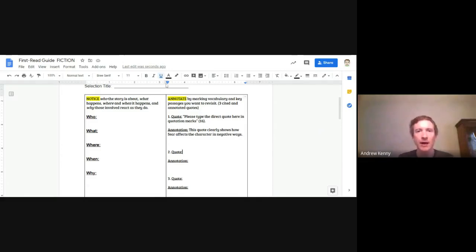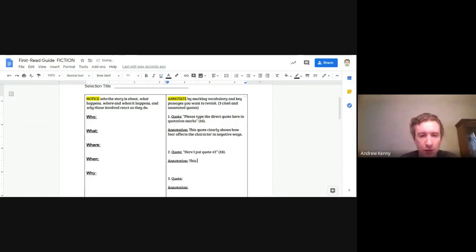So I go to my second one and I pick another quote. Here I put quote number 2. And then I put my page number again. We'll say it's 18 this time. And then I put my period afterwards. And again, for the annotation, I have to explain why I put this.